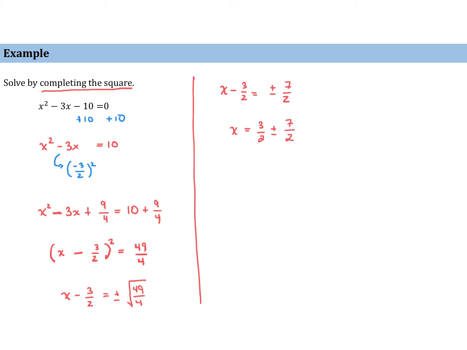Now, what's this mean? 3 halves plus 7 halves is 10 halves. 3 halves minus 7 halves is negative 4 halves. So this means x is 5 or negative 2.